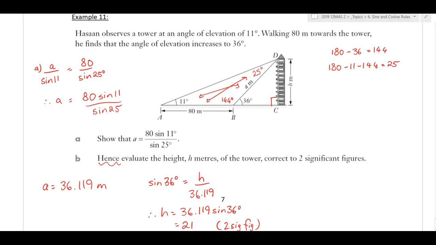Find what you can, use your diagram, write things on there as you go along. Angle sum of a triangle, a straight angle equaling 180 degrees, all of this knowledge that you've accumulated over the years might be helpful in solving these problems. But they require a little bit of puzzling along. If the answer doesn't come to you immediately, don't worry about it. Work out what you can and see if that gets you closer towards a simpler problem.